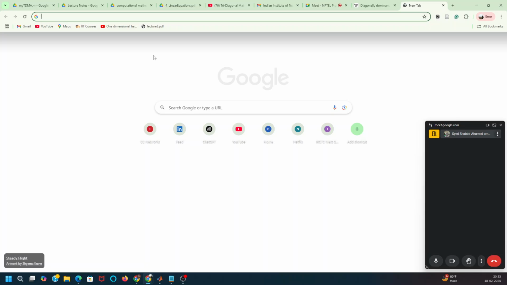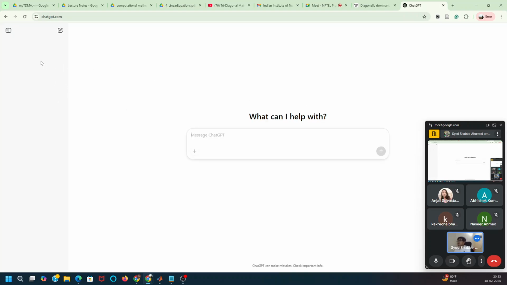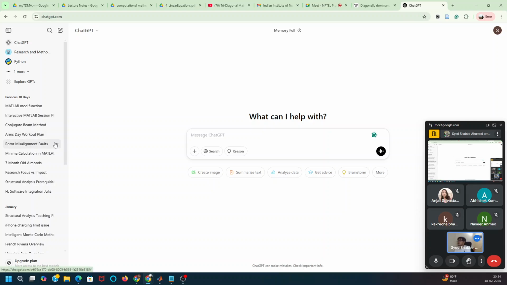Let's see. We'll ask ChatGPT on this. What is the difference between necessary and sufficient condition in case of numerical techniques?